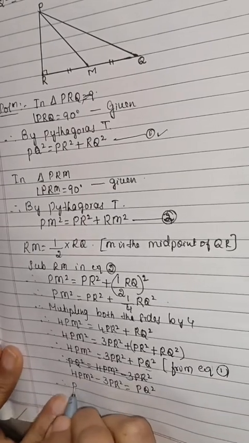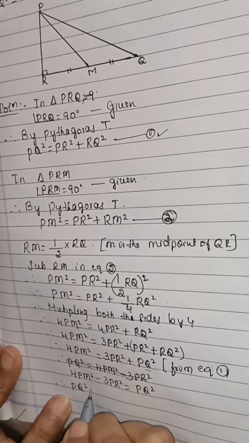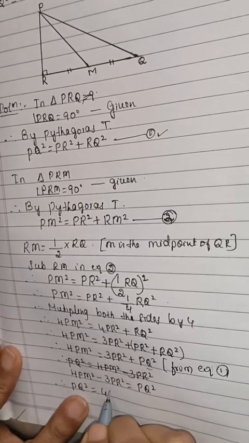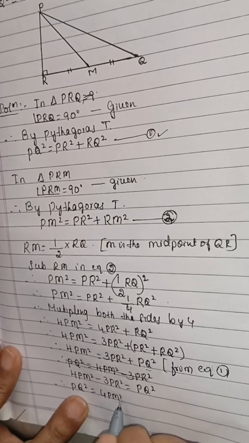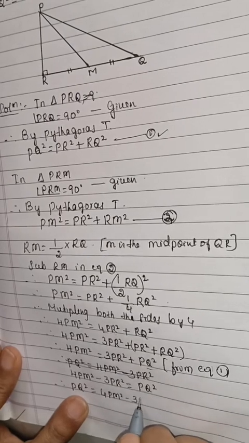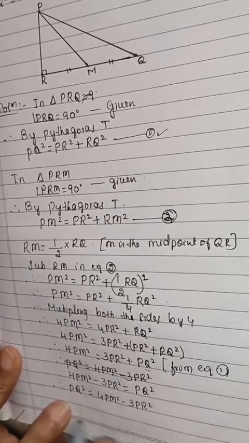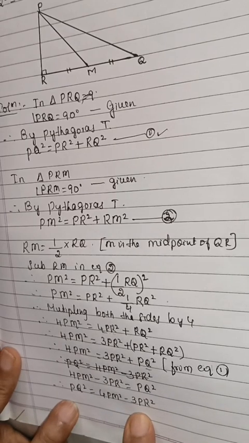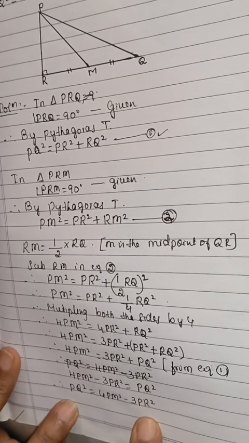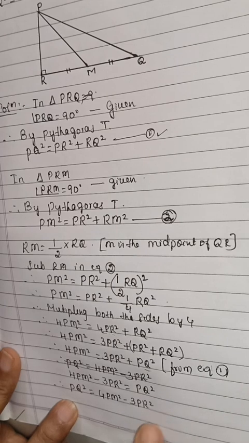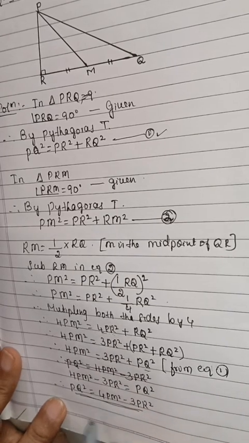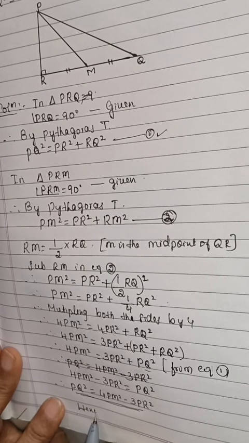Therefore PQ square is 4 PM square minus 3 PR square. So this is what we have to prove. Hence it is proved.